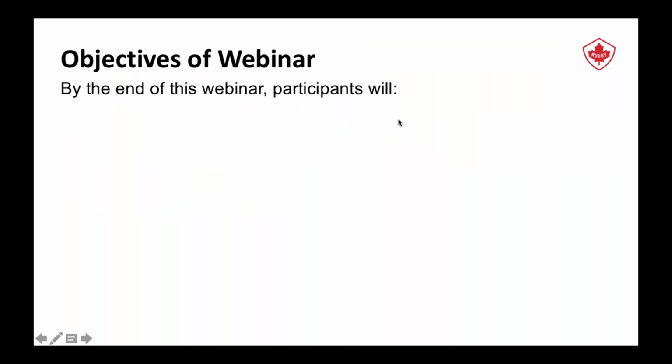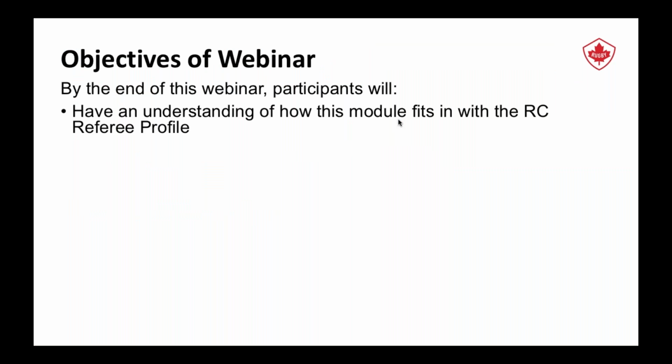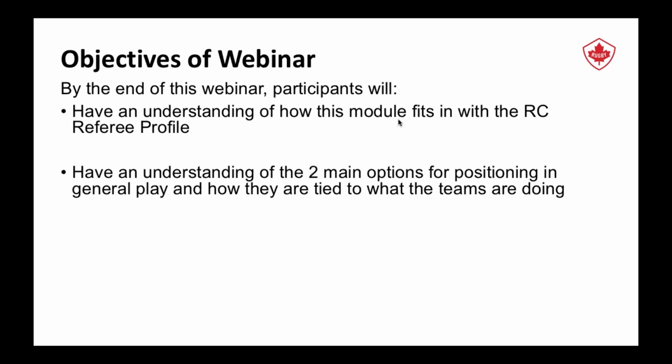So what we're going to try and achieve by the end of this webinar will be to have you guys have an understanding of how this module fits in with our Rugby Canada referee profile, and an understanding of what our two main options for positioning in general play are, notably around the breakdown, and how they are tied to what teams are doing.